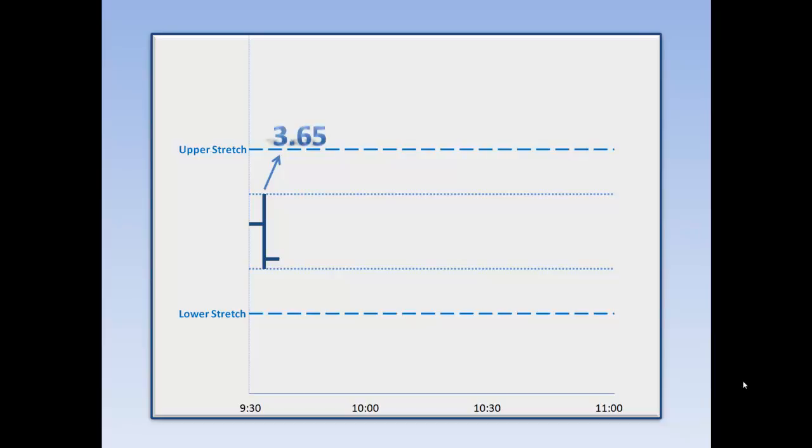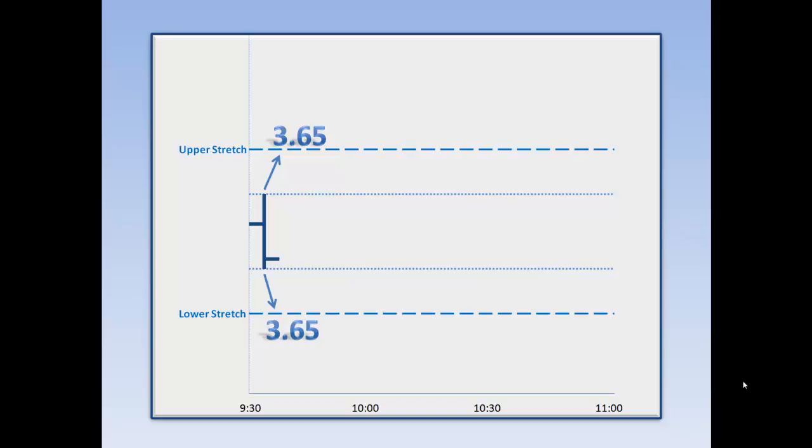We add on 3.65 points. That gives us our upper stretch, or our A up point. Then we take that same 3.65 and subtract it from the opening range low, and we come up with our lower stretch, or our A down point.